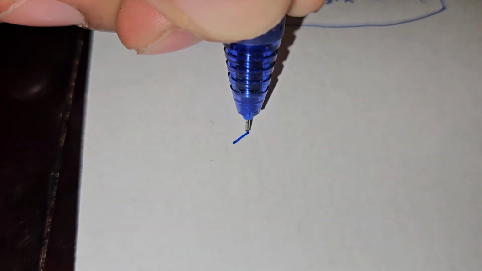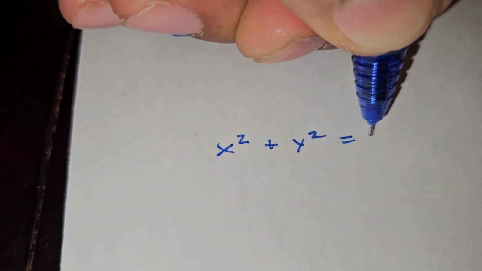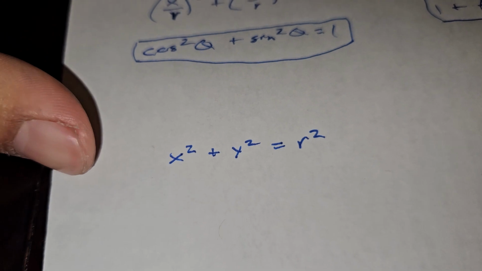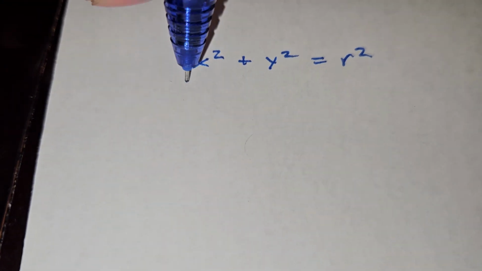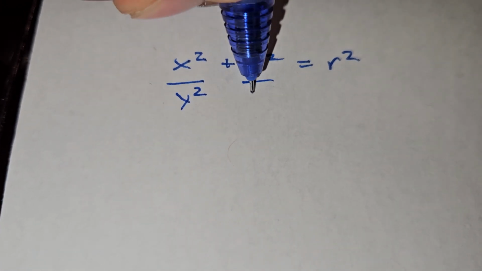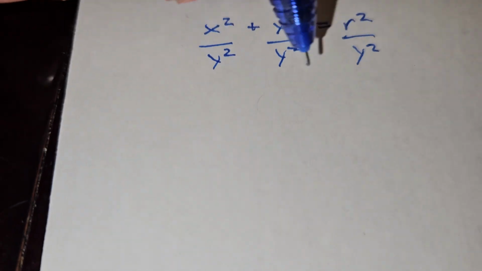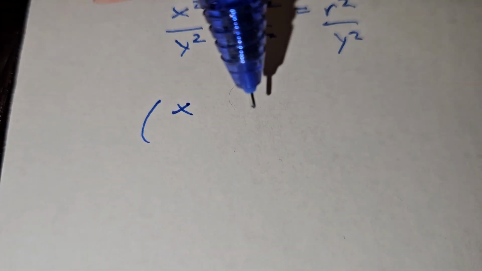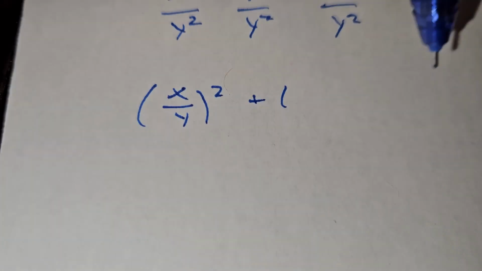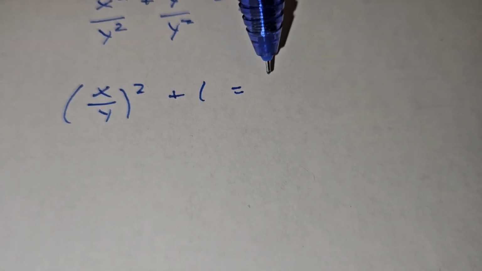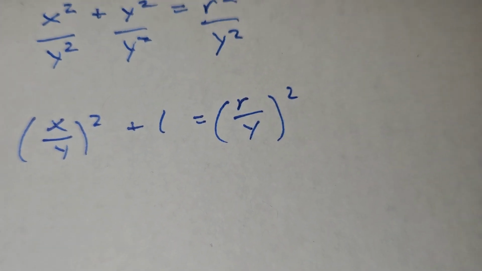Again, let's start with x squared plus y squared is equal to r squared. We divided everything by r, we divided everything by x. Let's divide everything by y squared. This is going to be x over y squared plus 1 is equal to r over y squared.